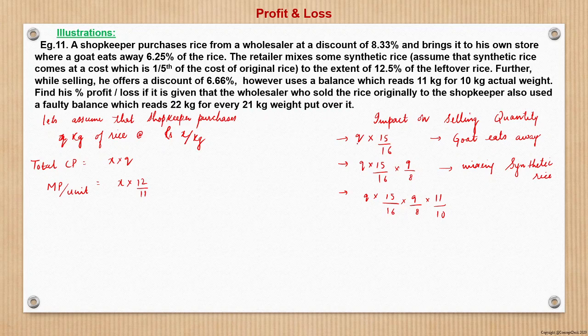So originally it will not be Q. Though the shopkeeper may think he has received Q kg, actually he had received Q into 21 upon 22 kg.